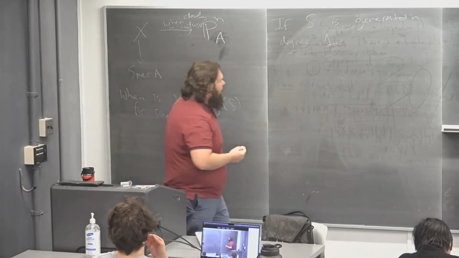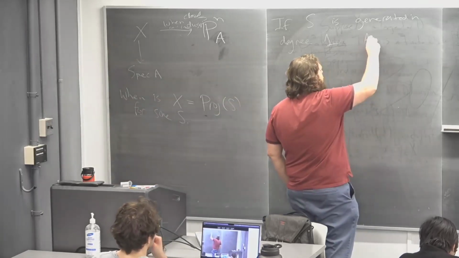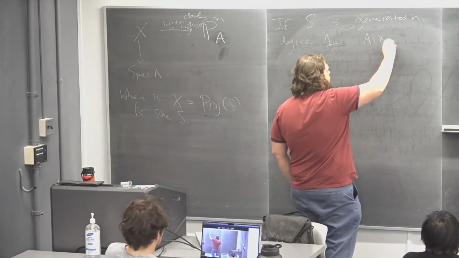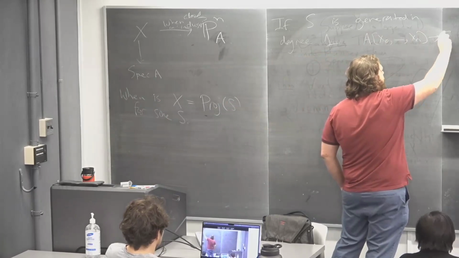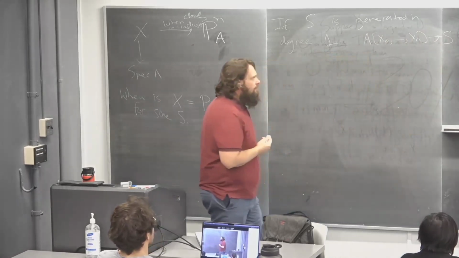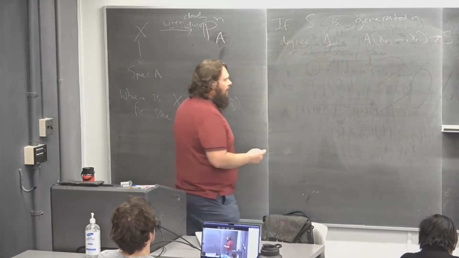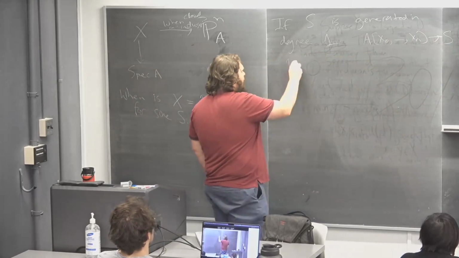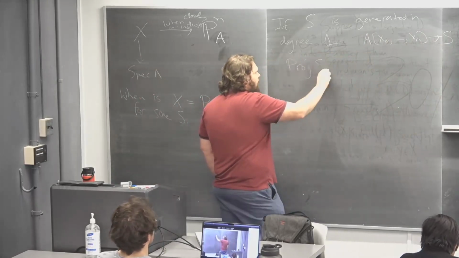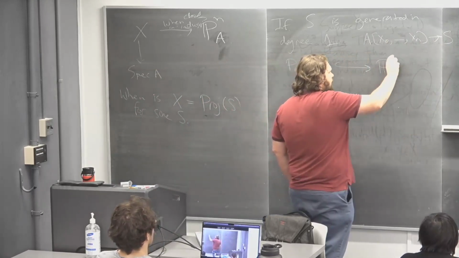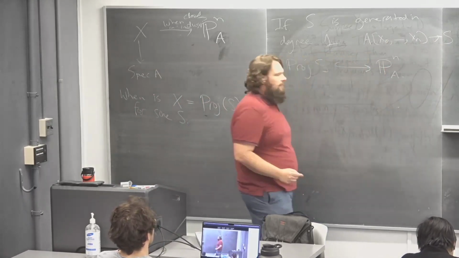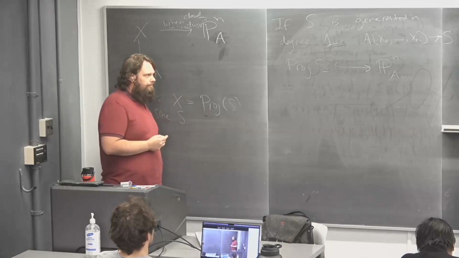So if S is generated in degree 1, there's a surjective map from this polynomial ring to S, and that induces a map from Proj of S into P^n of A as a closed embedding.